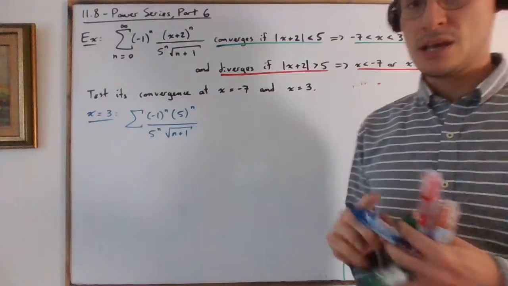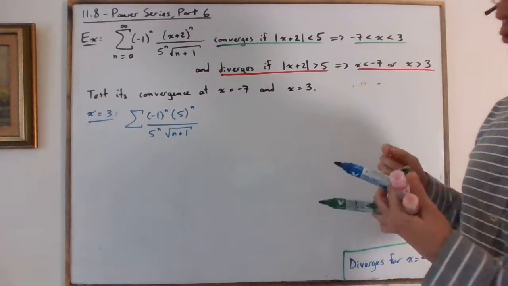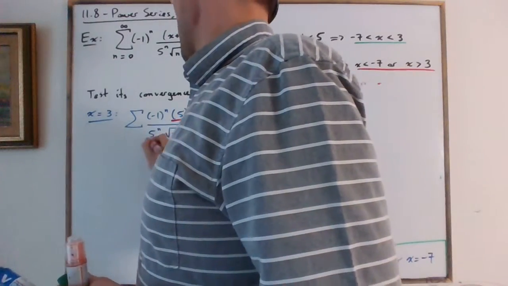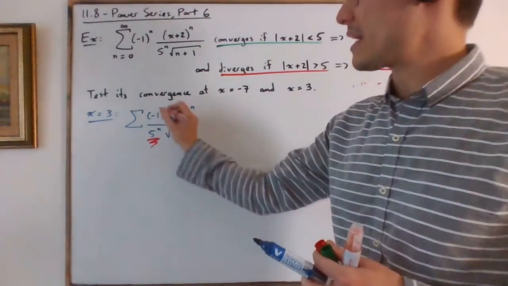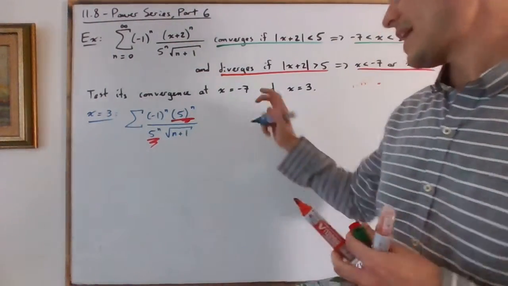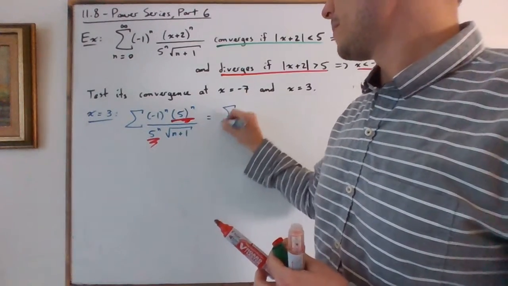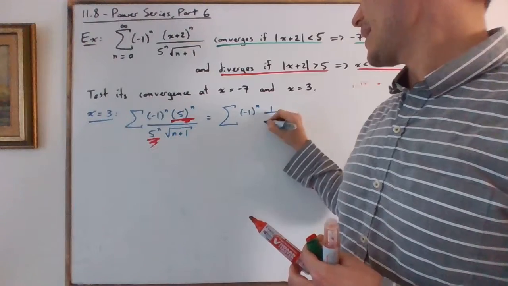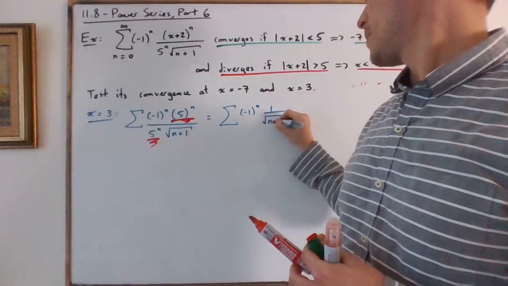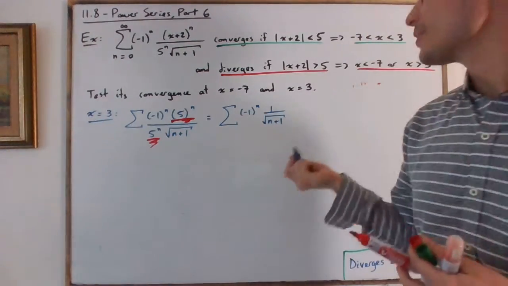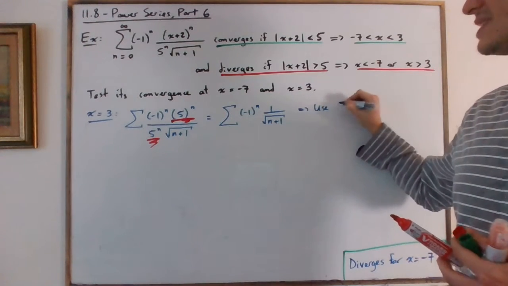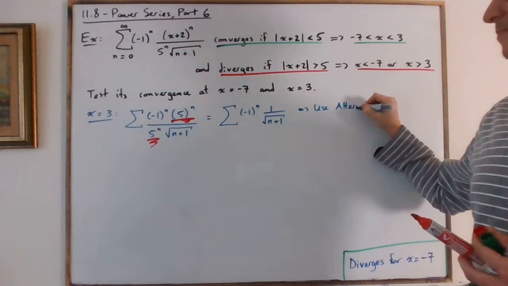Now there's much less work to do because the factors cancel, and we're left with an alternating series, right? We're left with negative 1 to the power of n multiplied by 1 over square root of n plus 1. So in this case, we're going to use the alternating series test.